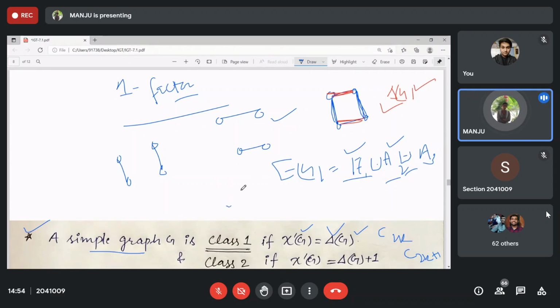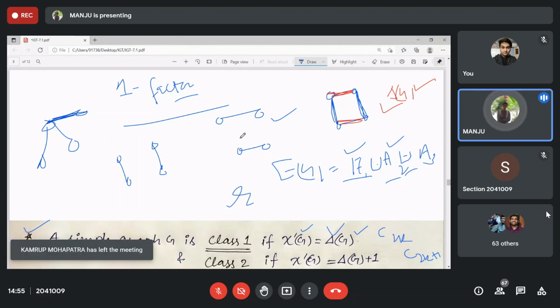Okay, if it is R regular, then how many one factors can exist? R number of one factors. R regular, so R number of edges will be there at each vertex, right? So this can go into A1 first, then these edges cannot, right? R minus 1 edges, then next can go to second, third.